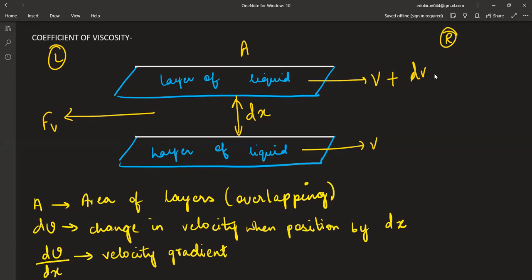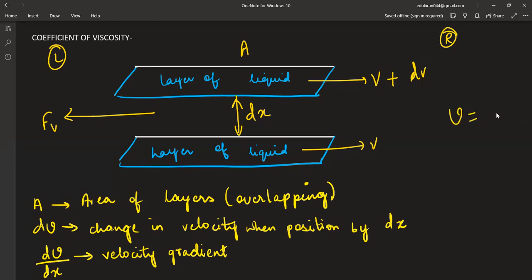This is the right side, this is the left side. So towards the right side they are moving. On the left side, viscous force is acting, and A is the area of the slip. Between the liquid layers, the separation is dx. dx, dv, these are very small terms. Now see, I have told you, whenever you change something with respect to time, we call it a rate.